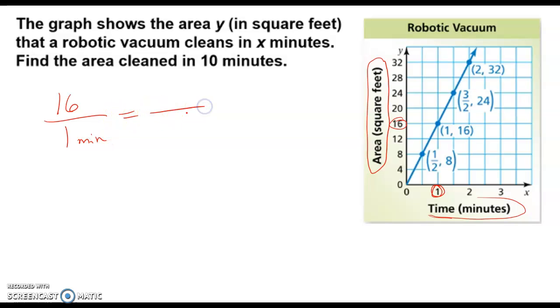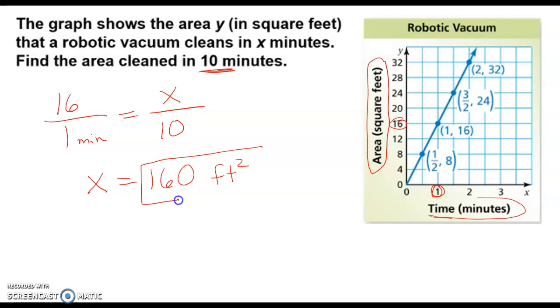So since I put minutes on bottom, I can put 10 minutes on the bottom and then put a variable up here. So when I do my cross products, 1 times x is x, and 16 times 10 is 160. So that means in 10 minutes, it can clean 160 square feet. So it'd be nice to have one of those vacuums if that was your job. Make it easier for you.